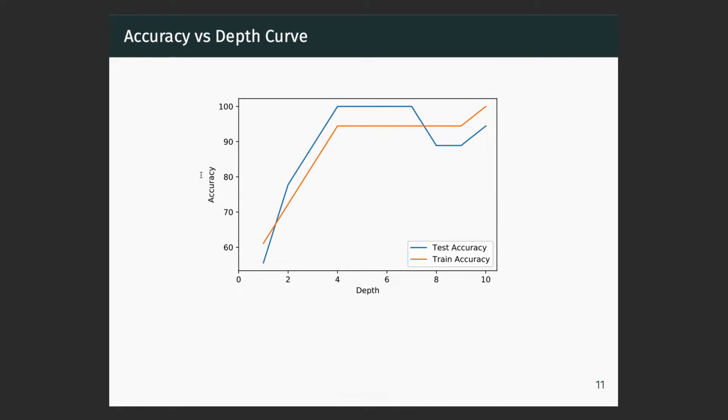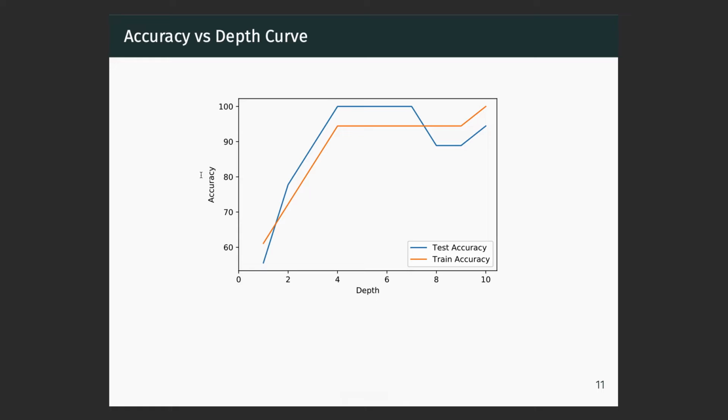So another way to discuss the bias, variance, and the trade-off is to look at the accuracy curves for both the train set and the test set. We have the depth of the decision tree on the x-axis and the accuracy on the y-axis. Okay, so why is initially the accuracy very poor? Let's for now look at only the train curves.